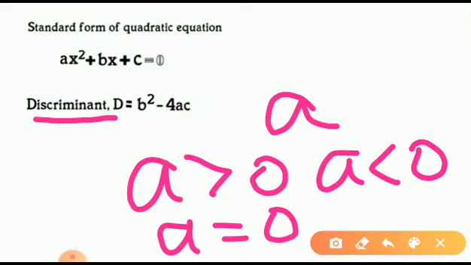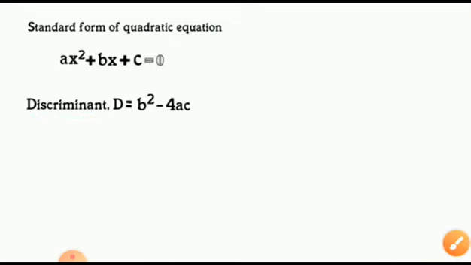The same thing we have to consider for the discriminant, b square minus 4ac. So there are three cases: either b square minus 4ac is less than 0, or greater than 0, or equal to 0.